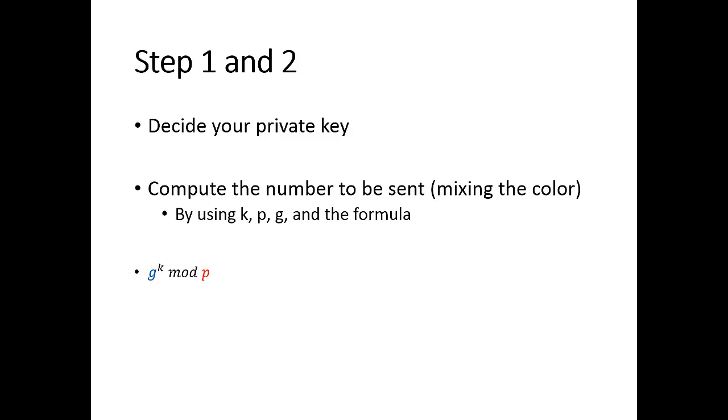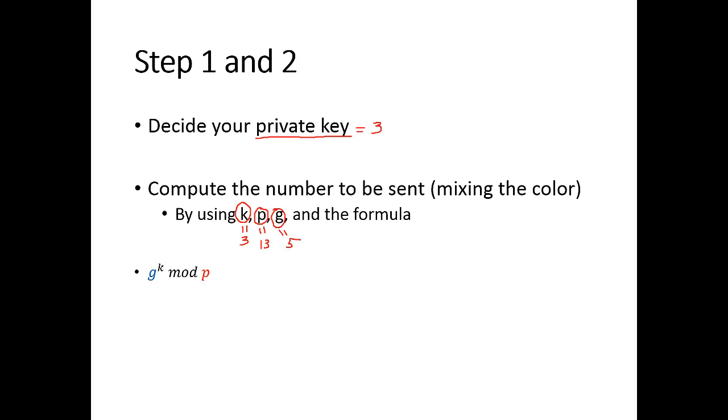Let's say your private key is 3, and it's time for us to actually mix the colors: the secret key, the prime number, and the generator. So the secret key is 3, the prime number is 13, and the generator is 5.